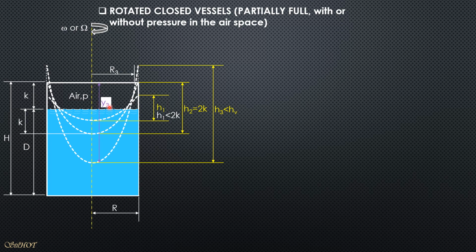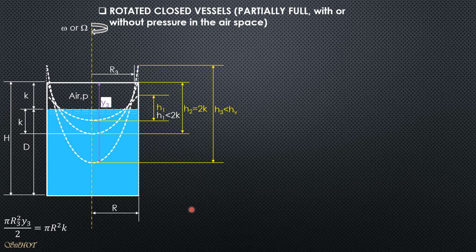So therefore, since the volume of air here, represented by this paraboloid with one base, is equal to the original volume of air, for volume we can establish pi over 2 r3 squared times y3 is equal to the original volume of air, which is pi r squared times k.